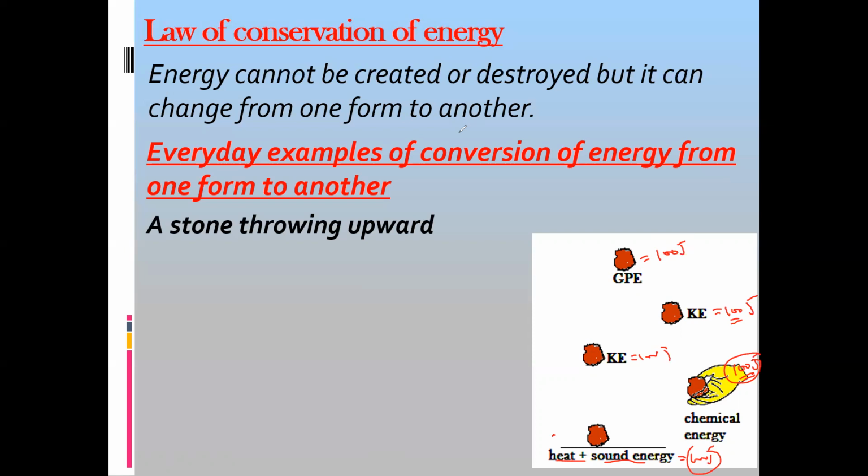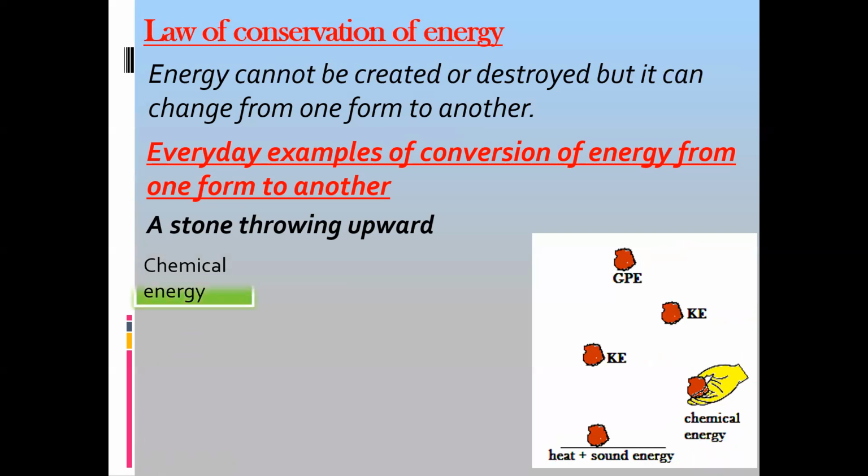How is heat there? Because of air friction, when two objects come in contact with each other, there is friction between the surfaces, and the friction between the surfaces can produce heat. Heat or internal energy is there. A small amount of heat energy is there, neglected, but it is always there.